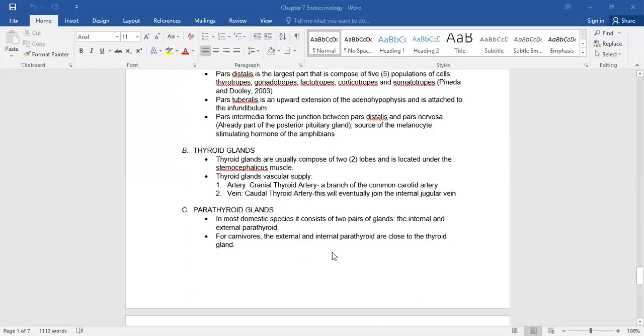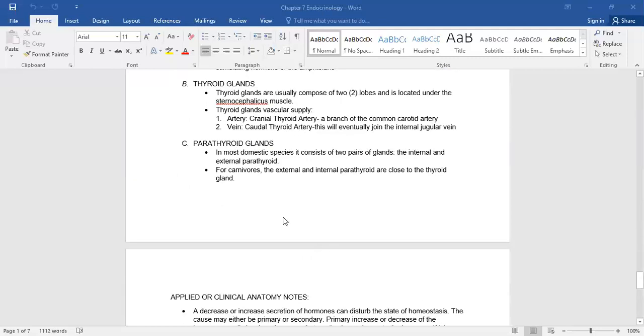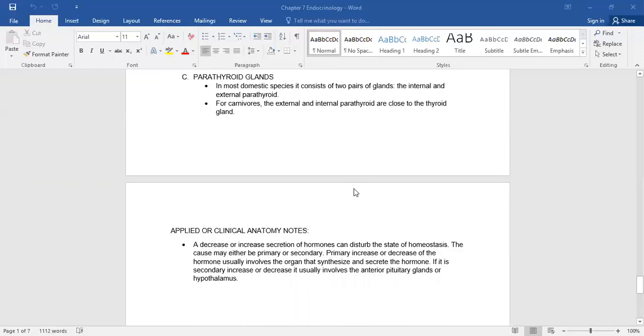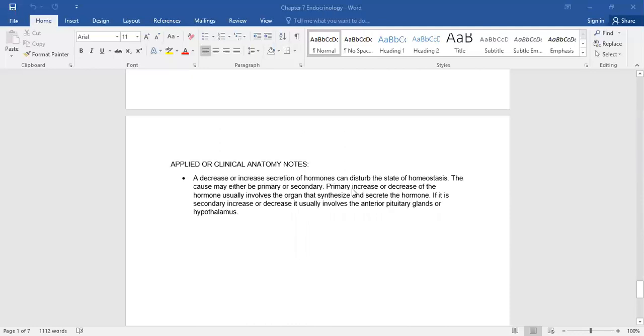The parathyroid glands. In most domestic species, they have internal and external parathyroids. For carnivores, the external and internal parathyroids are close to the thyroid glands. So, applied or clinical anatomy. A decrease or increase in secretion of hormones can disturb the state of homeostasis. The cause may either be primary or secondary.